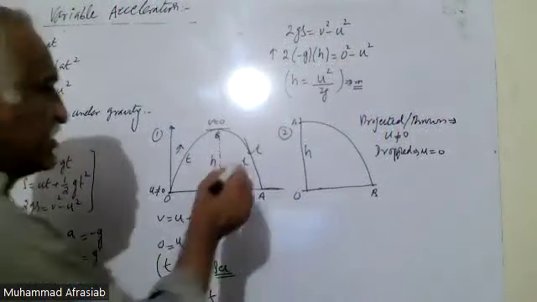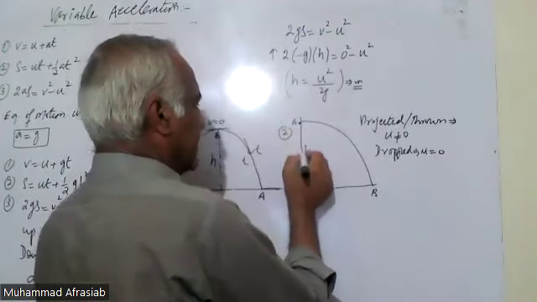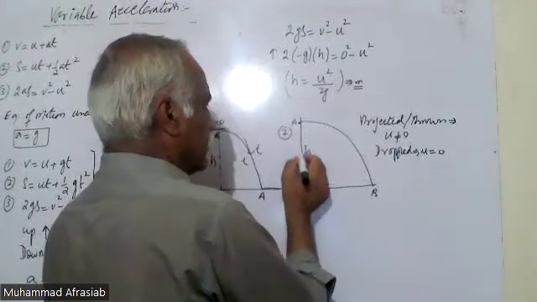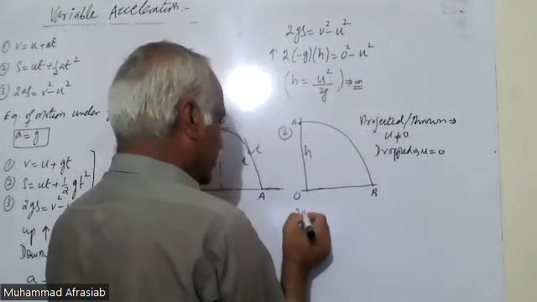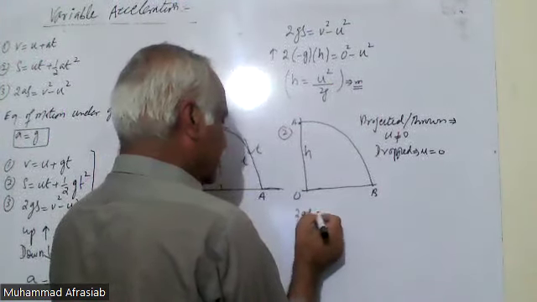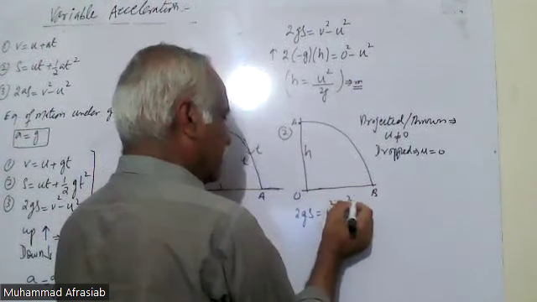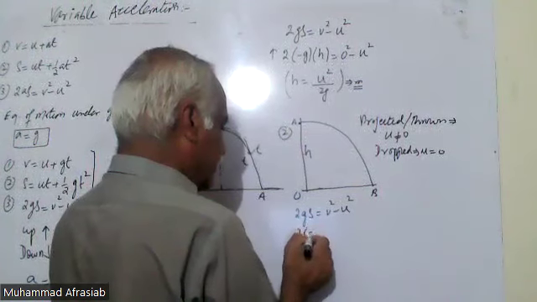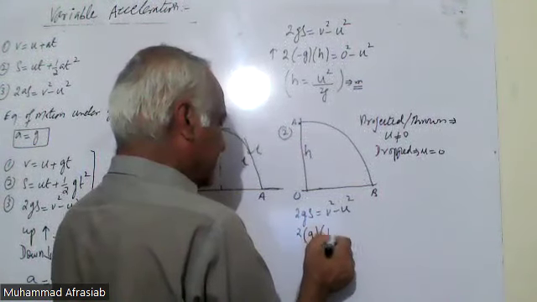If it is dropped from this point A at a height h from the ground, then you can use 2gs = v² − u². Here g is known, s is h.